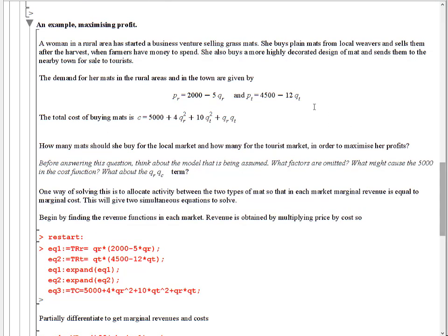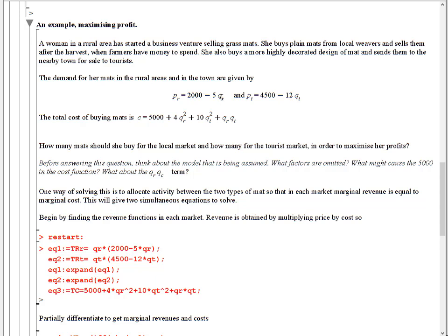And we've got two different demand functions here. In the rural area, the demand for her mats is given by this, and in the town by this. So just think to yourself, does the form of the function make sense?